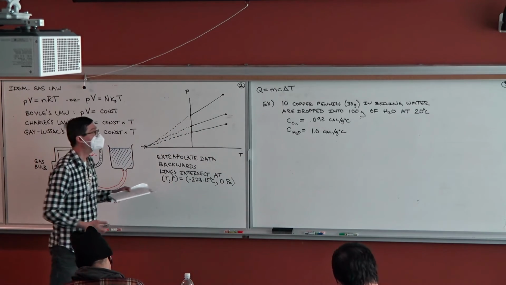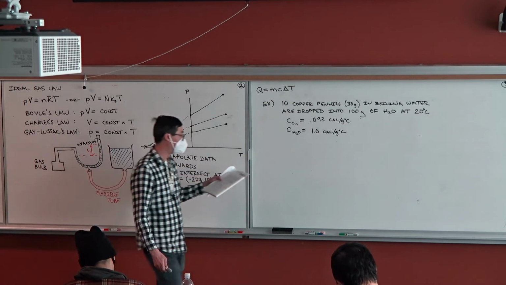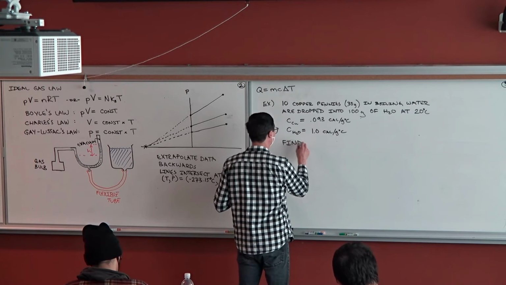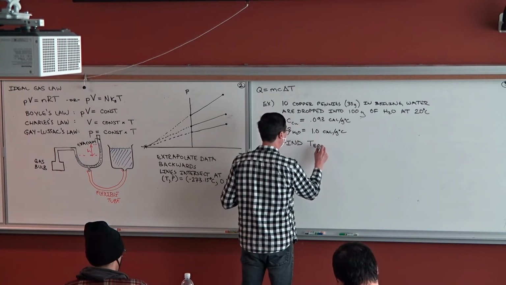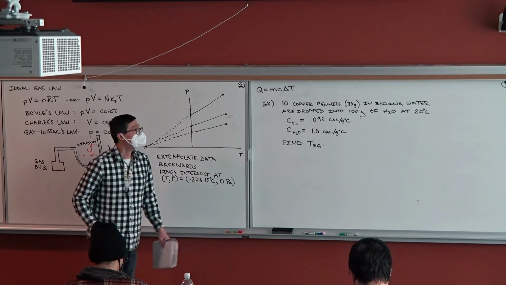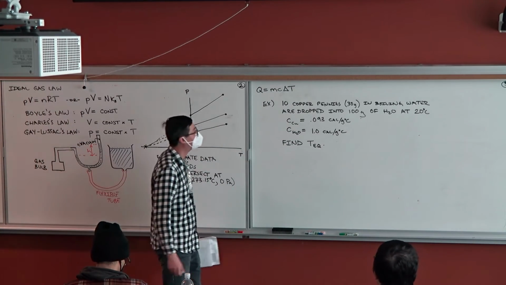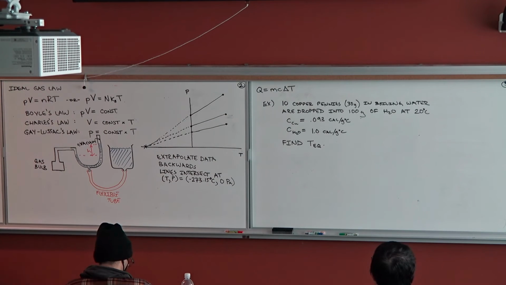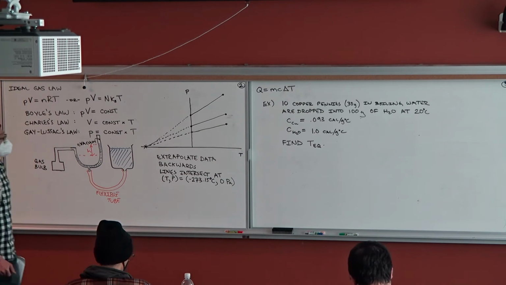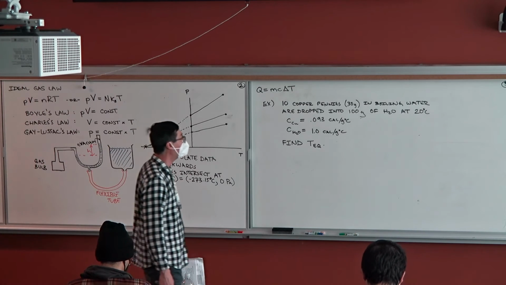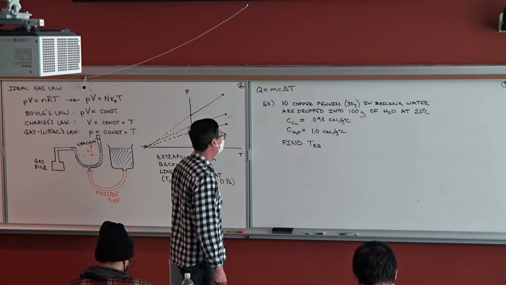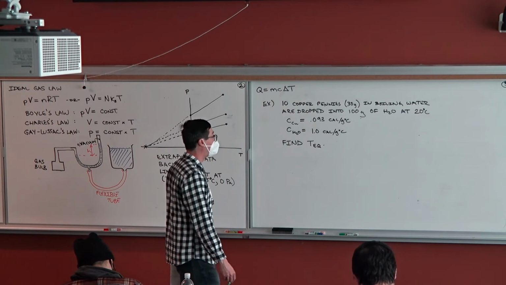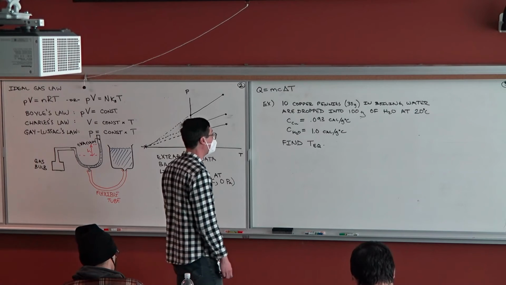Okay. Our goal here is to find the equilibrium temperature. So I'll say this in case my handwriting is too small for the video. 10 copper pennies, roughly 30 grams, in boiling water, are then rapidly dropped into 100 grams of water, initially at 20 degrees Celsius.